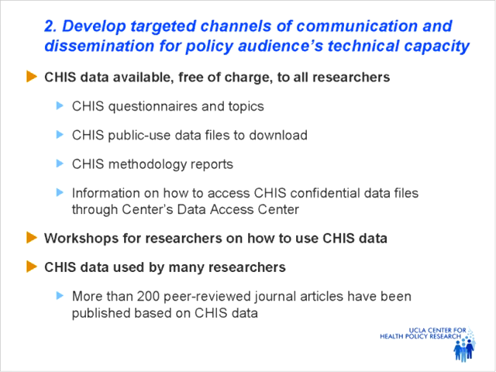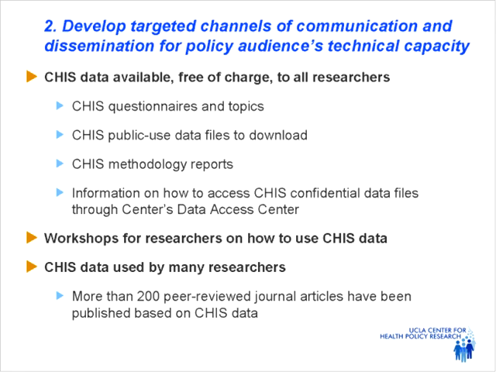Also on those pages, they have the complete questionnaires. There's methodology reports, which gives you extensive information about the quality and the design of the CHIS data. And then it also includes information on the third way to get CHIS data, which is through the Data Access Center. The Data Access Center allows you to access confidential levels of data such as the geocoding or county IDs.